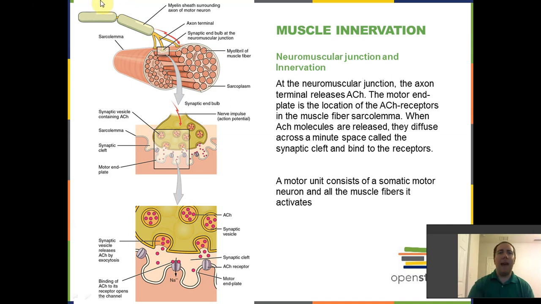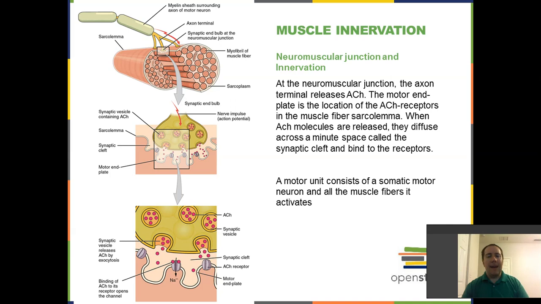And so we have an axon coming from a neuron, and it comes in, and then it kind of branches, and then there are little fingers that reach out and come down to the muscle. At that muscle, we have a synapse. Remember, just like at a synapse between two neurons, between an axon and a dendrite, they don't actually touch. We're going to have to use neurotransmitters to send a signal across that synapse.